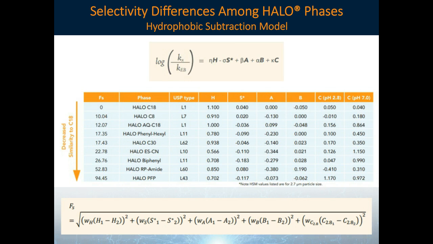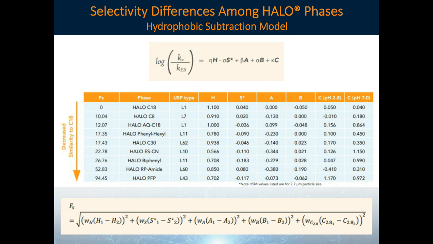Here I have a table listing all the Halo phases, their USP type, and then the hydrophobic subtraction parameters. What's done is this first column, the F sub S, is used to calculate whether the phases are considered equivalent or orthogonal. When I say equivalent, that means they would give similar selectivity. When you have an F sub S value less than 12, the two phases are considered equivalent.